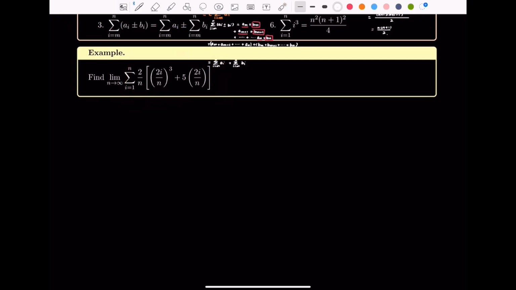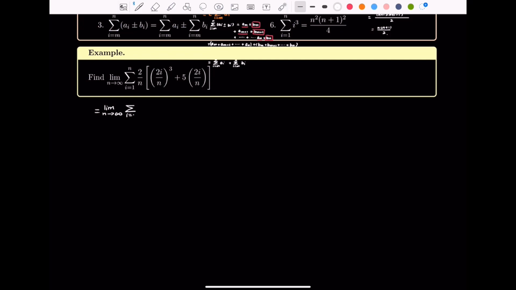I'm going to copy down the limit part, and I have a summation of this whole thing. First step is I'm going to try to simplify it.